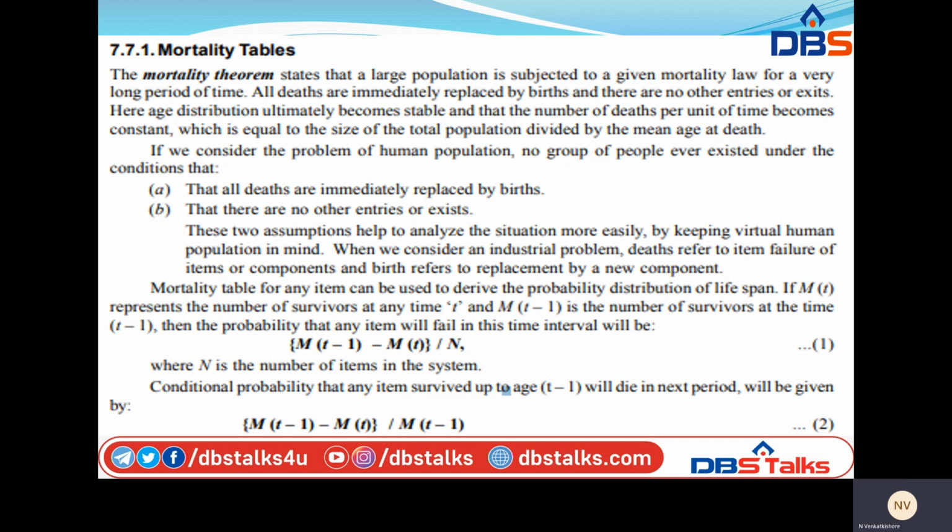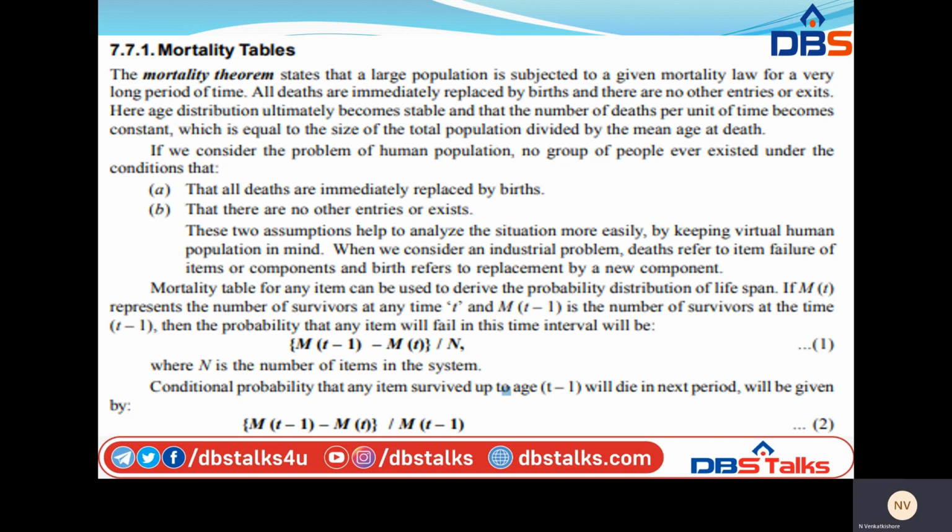So deaths is 0, but births is 5. For the second day, deaths is 5, births may be 0. So up to the second day, the number of deaths is 5 and the number of births is 5. But those two are balanced. So like that, it may be group replacement, or items may be replaced individually.